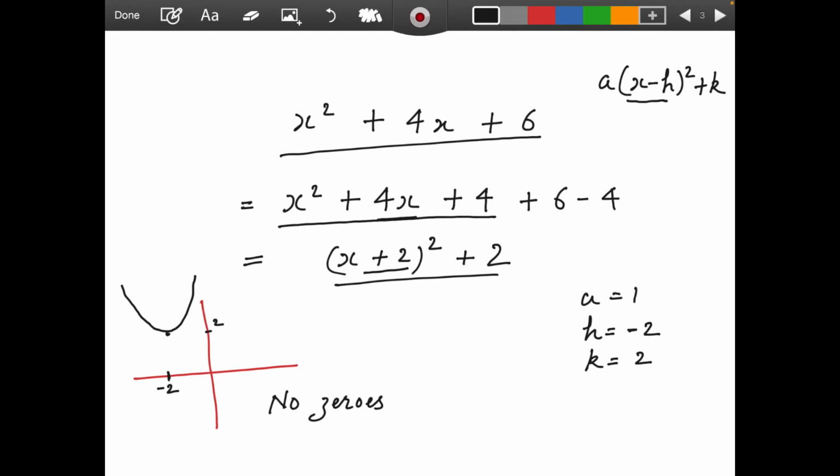So this way, by writing the quadratic polynomial in vertex form, we can quickly determine how many roots it would have. Let's take another example. Let's say our quadratic equation is x square minus 6x minus 7. Let's try to write this in vertex form.